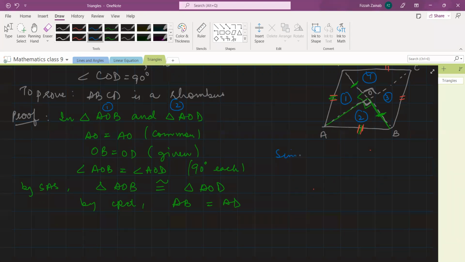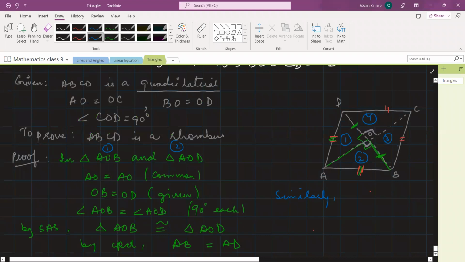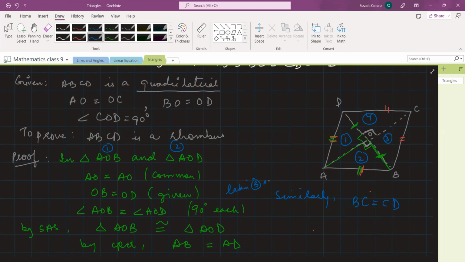And similarly, if I take triangle 3 and 4, I will get BC is equal to CD. Is that correct? Okay. Taking 3 and 4 triangle, I mean, for your understanding.